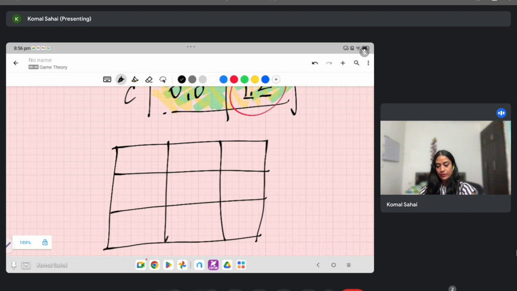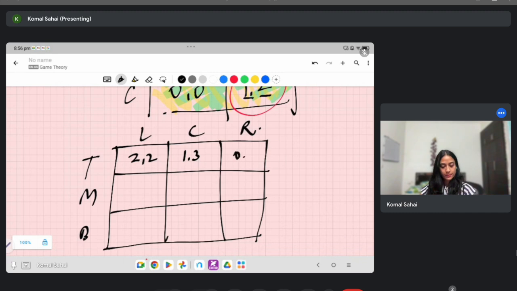Right, so you have your left, center and right are the action set of player 2, and for player 1 you have top, middle and bottom. So now the action sets are not equal. These are the payoffs for every combination. Okay, so now I'm not going to highlight, I'm just going to keep on underlining, right?